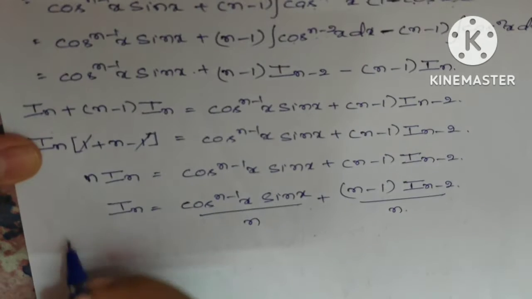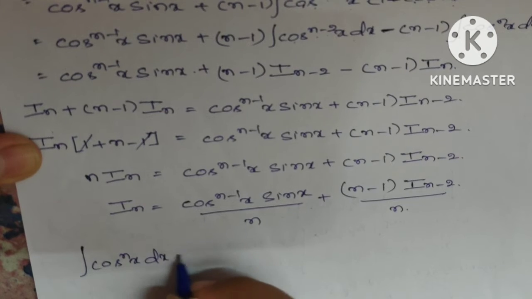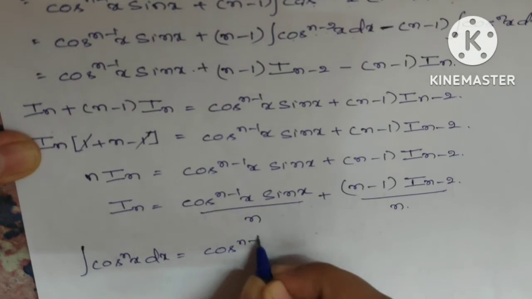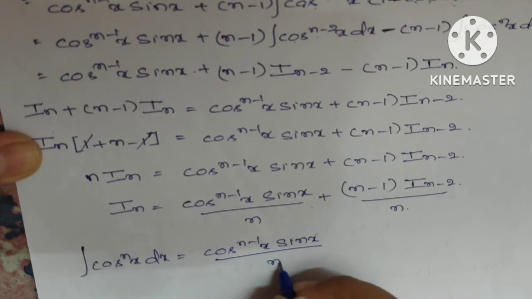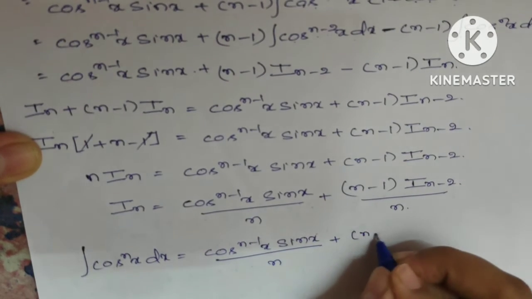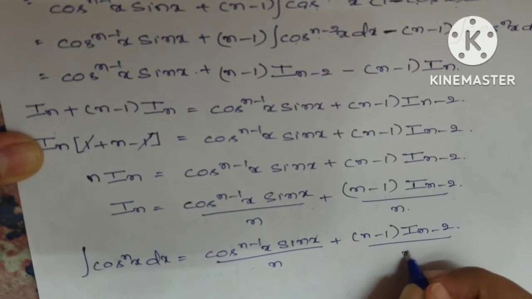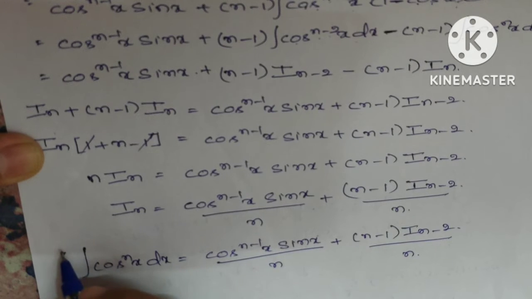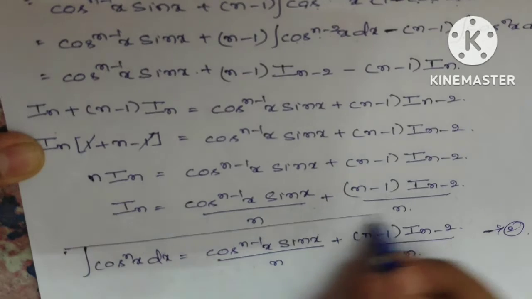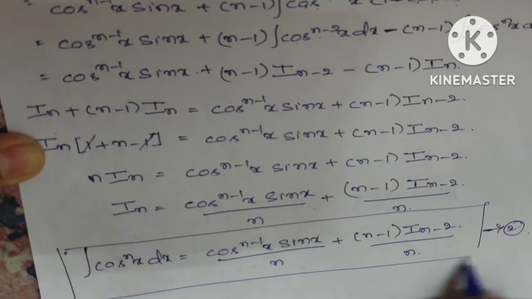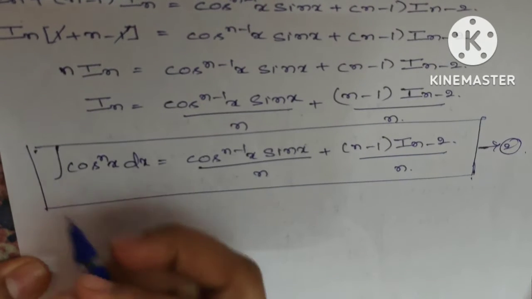So here In is integration of cos power nx into dx equals cos power n minus 1x into sin x divided by n plus n minus 1 into In minus 2 divided by n. So let it be equation 2. So this is the reduction formula for integration of cos power nx into dx.